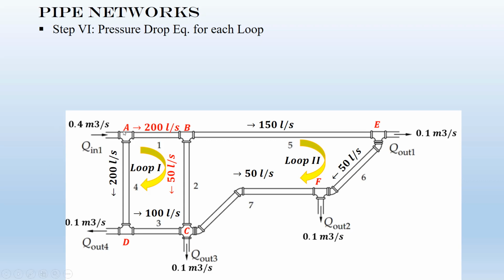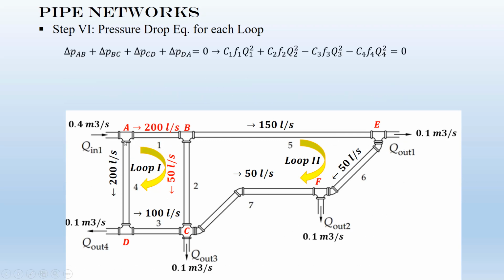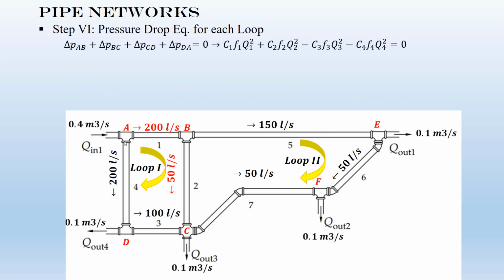So we can write delta P AB plus BC plus CD plus DA equals 0. And if you remember from the previous lecture, the delta P for each pipe equals Ci fi Qi squared. For example, for pipe 1, because the flow and the loop are in the same direction, C1 is positive.